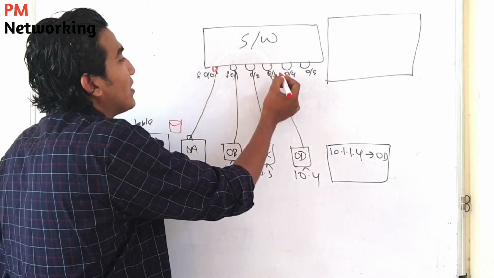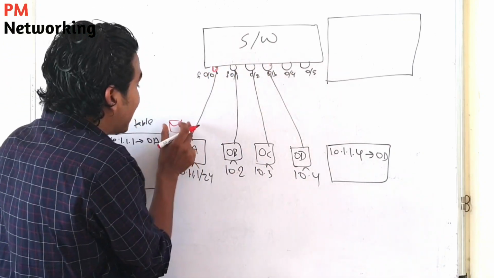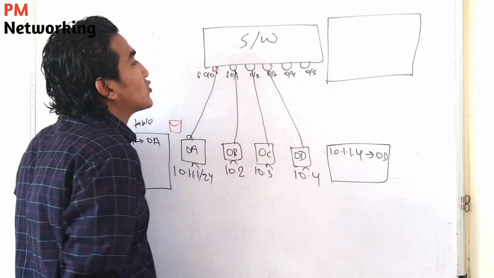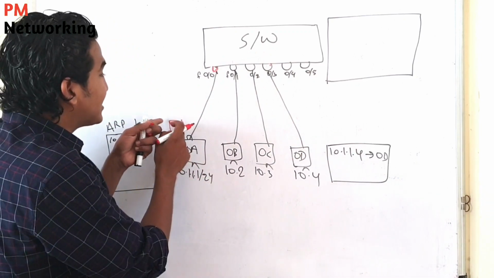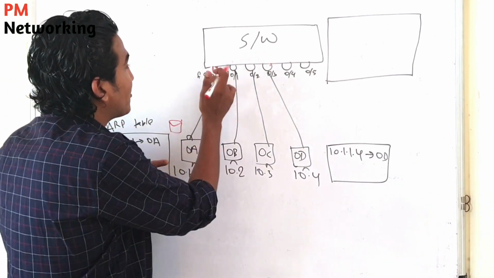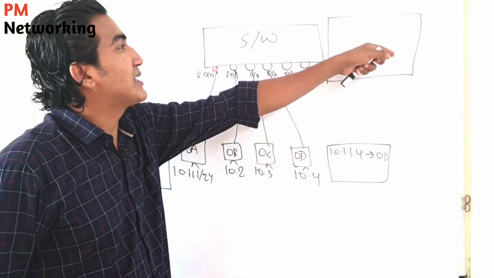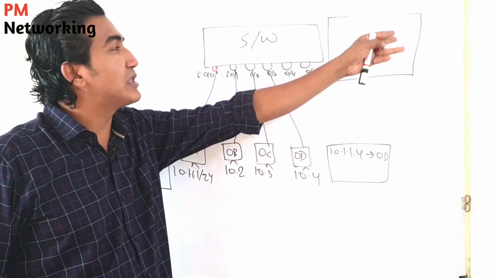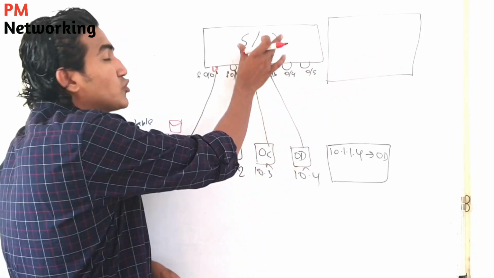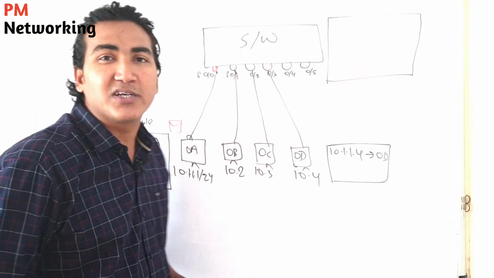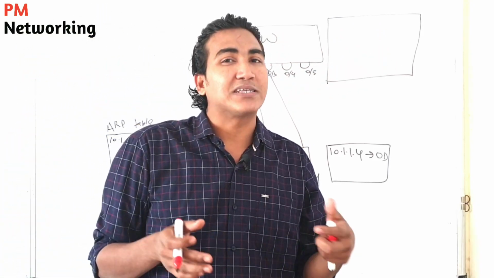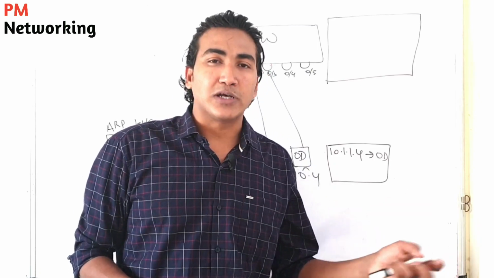Now how will the switch send that message out from this interface? To forward this data from this port to this port, the switch will make a table called the MAC address table. With the help of the MAC address table, the switch forwards traffic from one interface to another interface, or you can say from one device to another device.